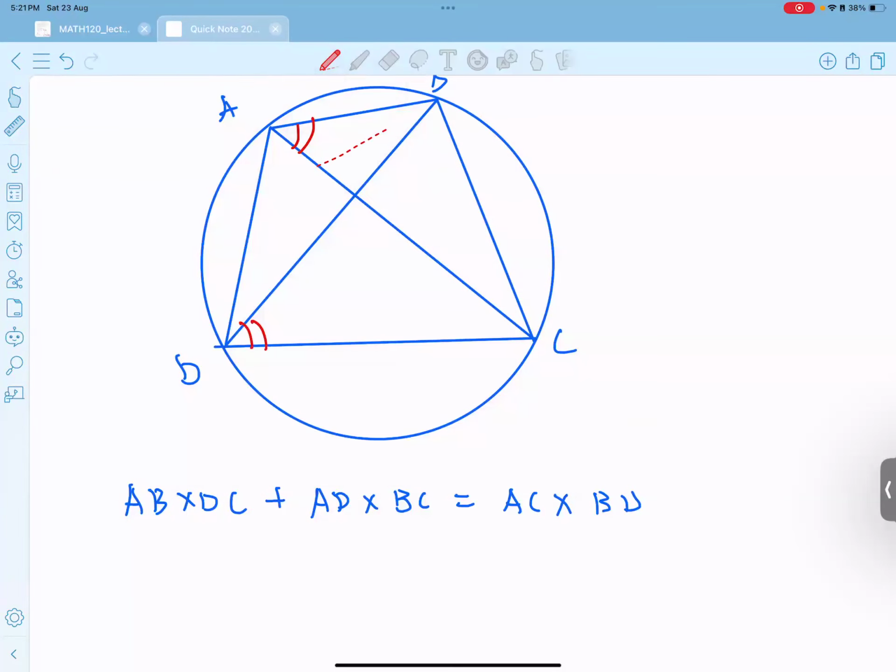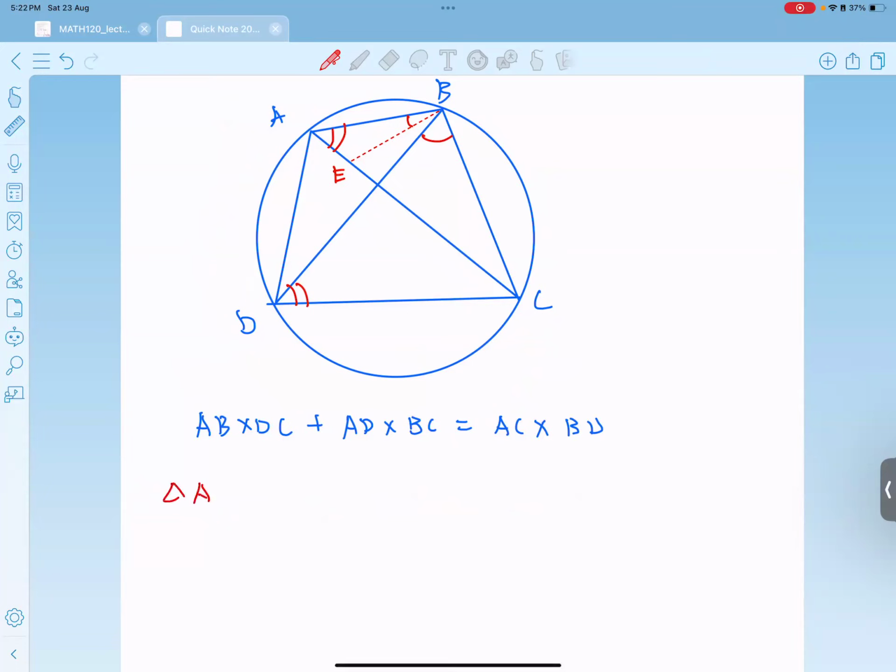So these are equal. And in here, you can basically construct a triangle such that triangle ABE is spirally similar to triangle DBC. And then you very nicely get the ratios, AB over BD.